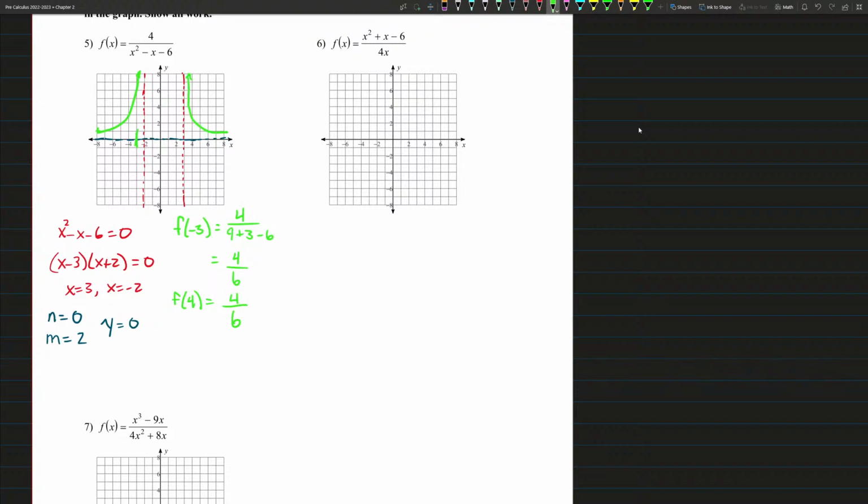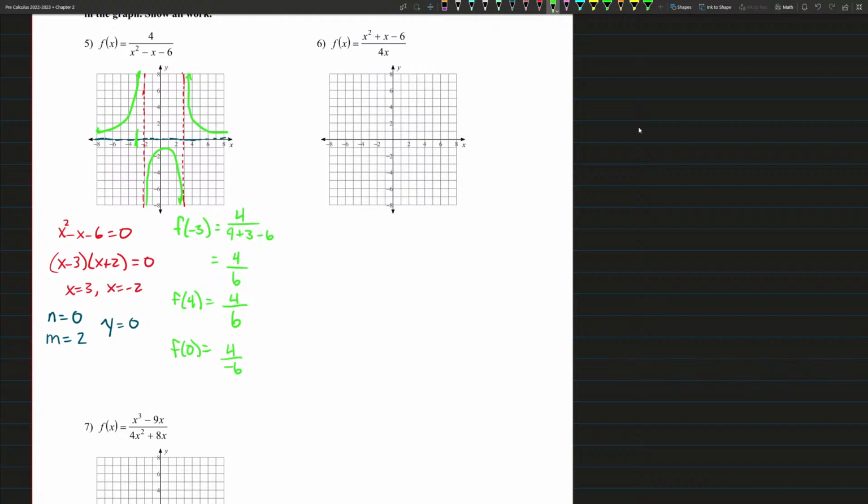There's no special condition here. Now we test in between the two vertical asymptotes. So we plug in 0. We get 4 over negative 6. That's below the asymptote, so we get something that looks like this. Okay, so that's number 5.